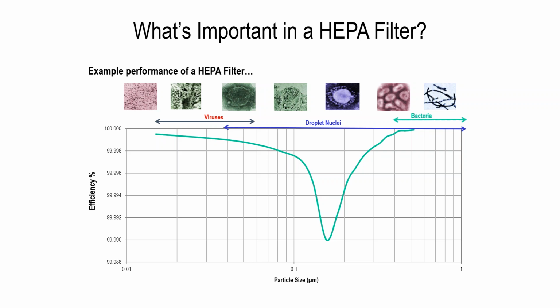So what you'll also see is this curve falls off at a size we call MPPS, or most penetrating particle size. That's down there at the 99.99% efficiency. That's this strange curve where we see more particles bypass the media in comparison to other sizes. So we also test and challenge HEPA filters to that size because it's more frequent to have a particle bypass it.